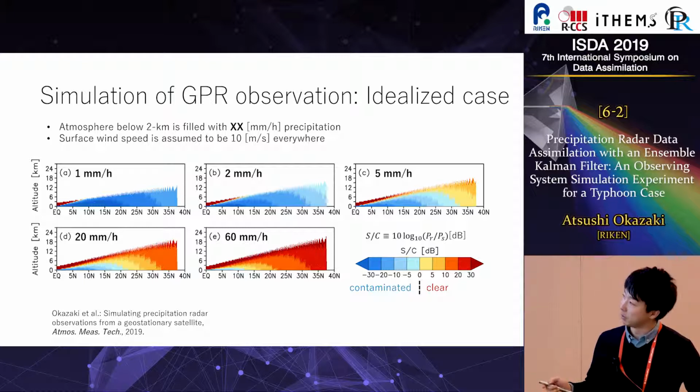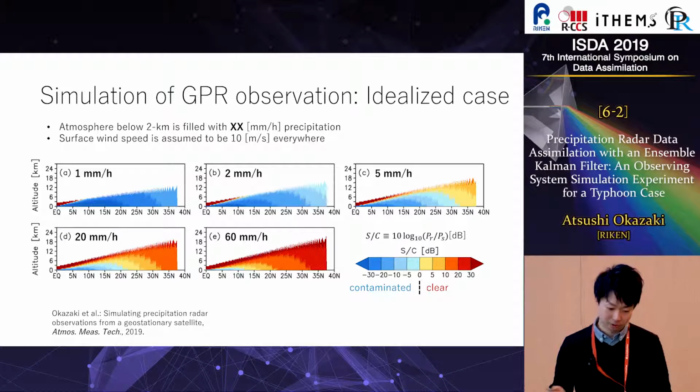So red is good, blue is bad. For weak rain, signal is available only at nadir and only for high latitude. When the precipitation is strong enough, the signal can be available for all area, almost everywhere.